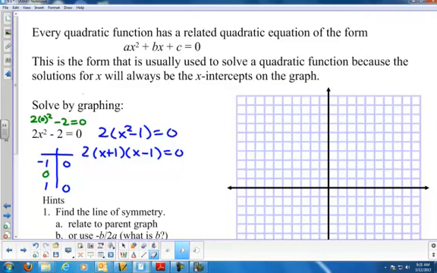It's not really equals 0, it's equals y when you're solving. So when I plug 0 in, I get -2 for my y. So these points are -1 giving 0, 1 giving 0, and 0 giving -2. So my parabolic curve is going to look something like this.